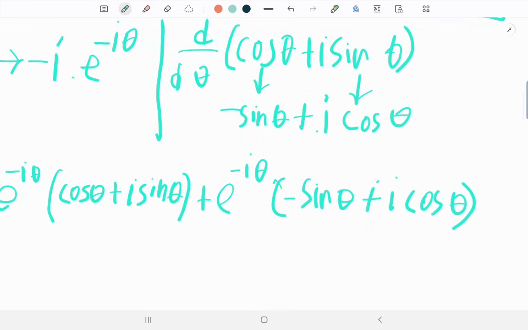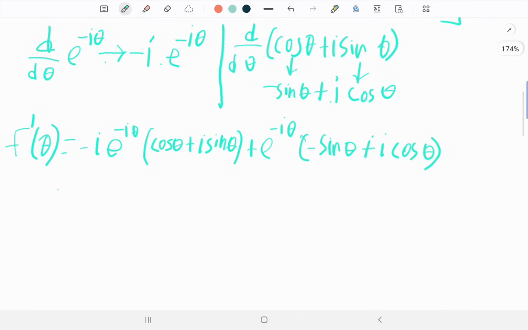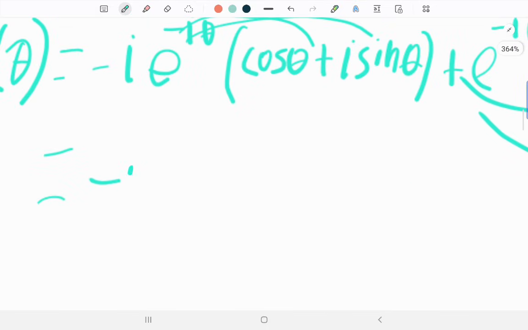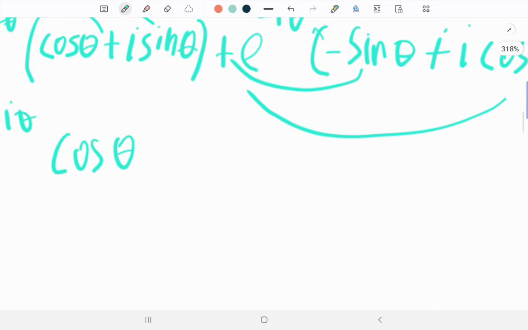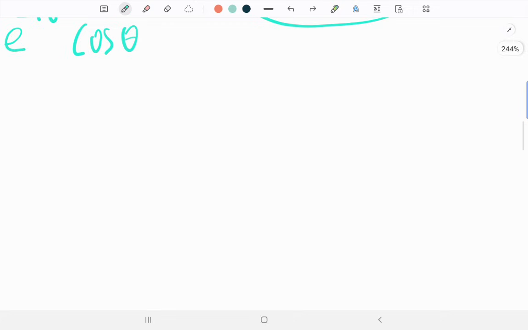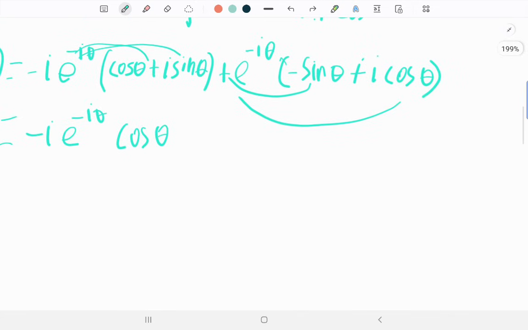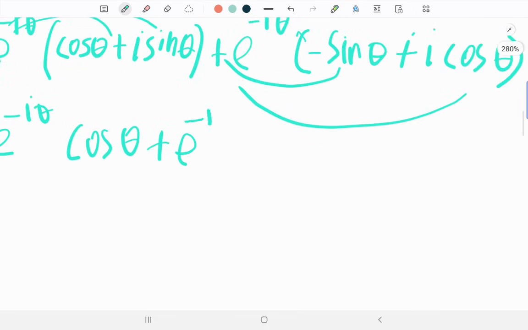So if we simply multiply it out like this, we get negative i times e to the negative i theta of cosine theta plus, since i squared is equal to negative 1, negative times negative 1 is positive, so we add e to the negative i theta of sine theta.